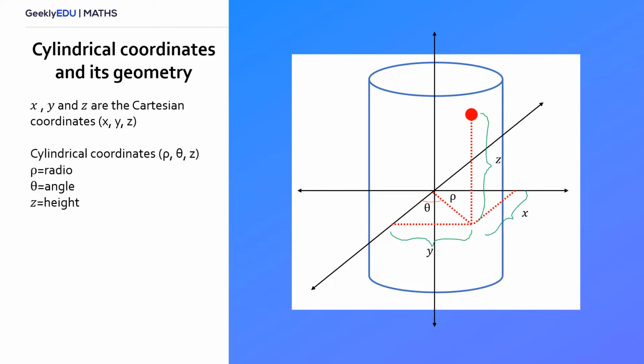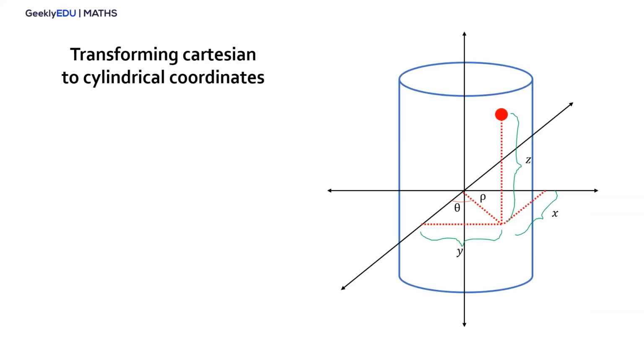Now, we will have to use the trigonometric identities we learned before in the video Trigonometric Functions to find out the relationship between Cartesian and cylindrical coordinates. We can see that the components in x and y depend on the θ angle, so we'll start with the component in x.